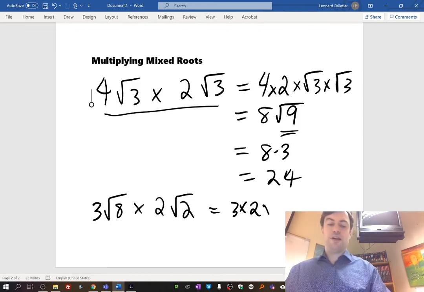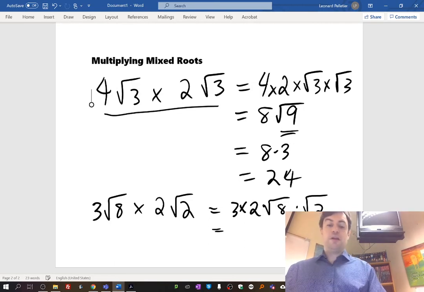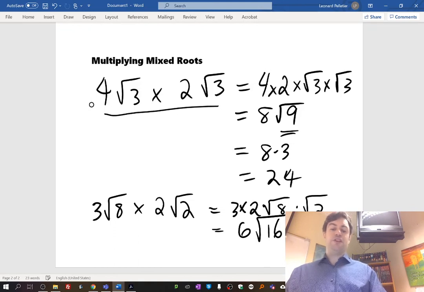So times square root of 8 times the square root of 2. Just multiply the roots with roots. And then I get 6 root 16, which is just going to be 6 times 4, which is, again, wow, 24.